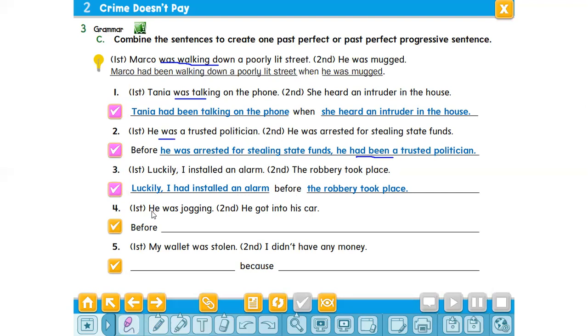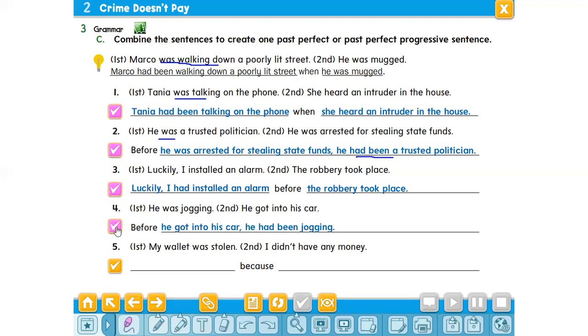Number 4. At first he was jogging. Then he got into his car. We will start with before, followed by the second action. What about the first action? Past progressive, so we will use past perfect progressive.